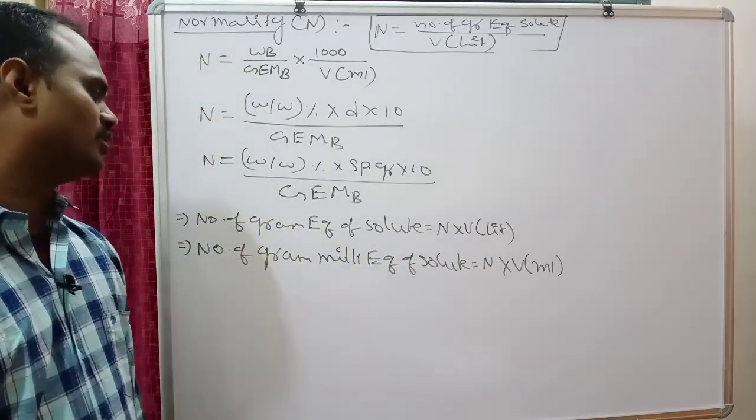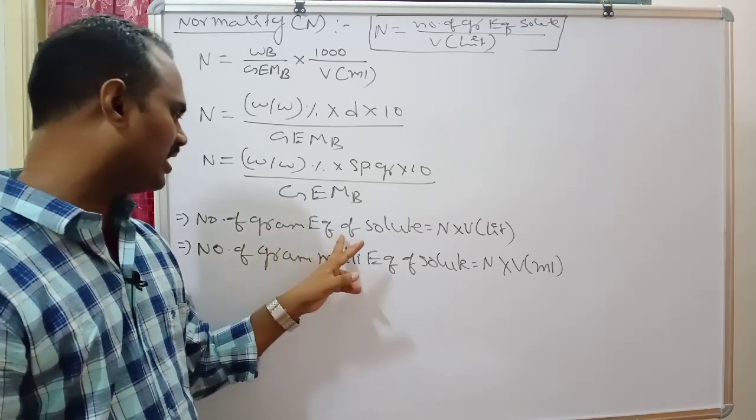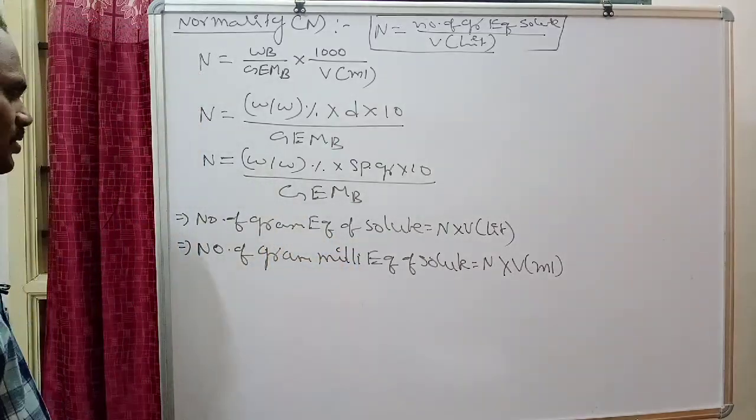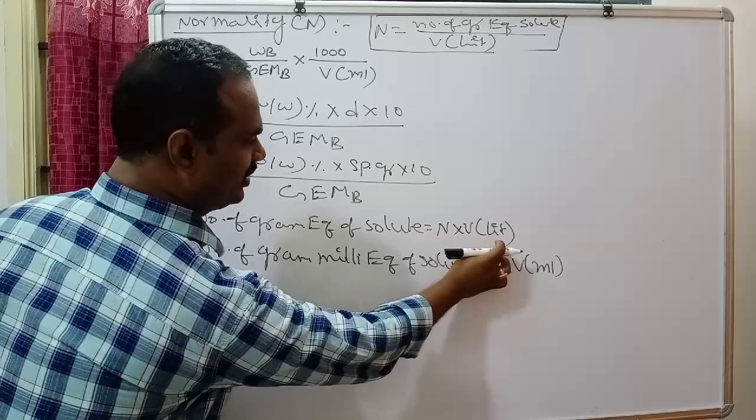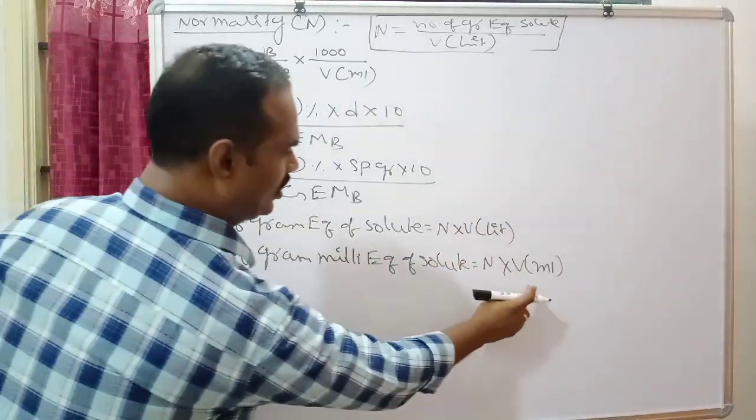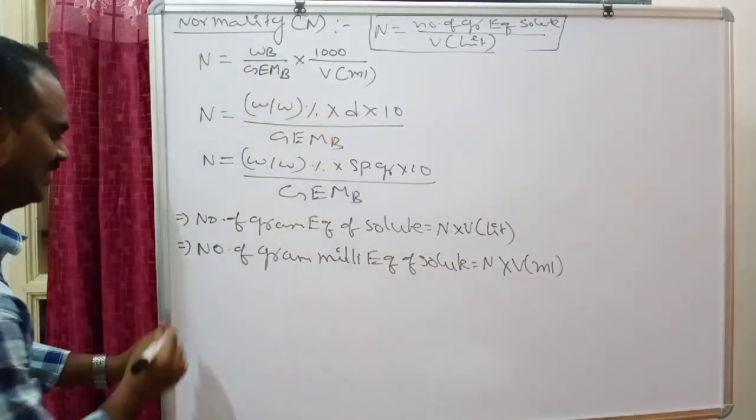Gram equivalents, volume in liters; milli equivalents, volume in milliliters.